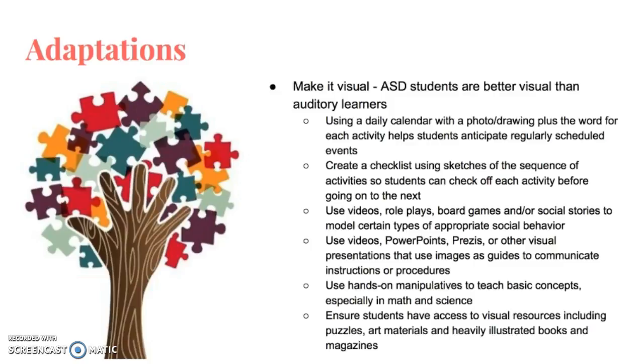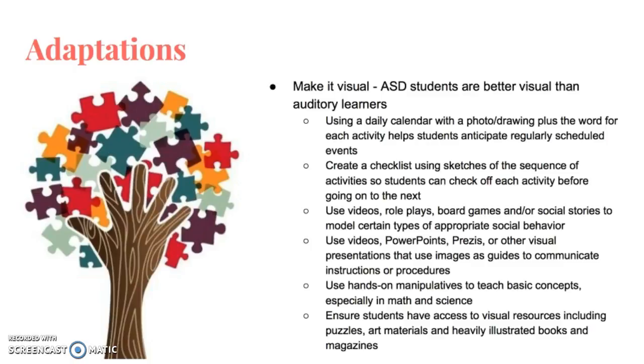Another is to create a checklist of the sequence of activities so that students can see what they've already done and what they're going on to. Using videos, role plays, and board games will be helpful as well, as will PowerPoints, Prezis, and visual presentations rather than just doing a lecture. Being able to see what they're learning would be way more helpful for them.